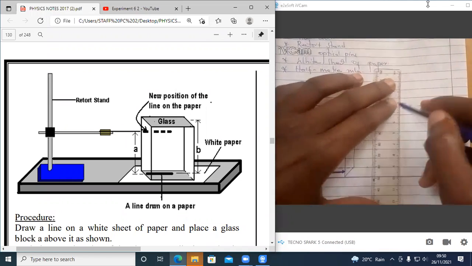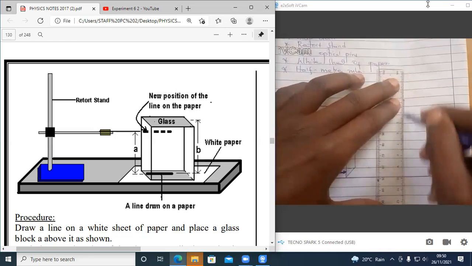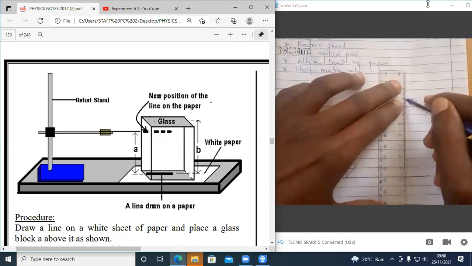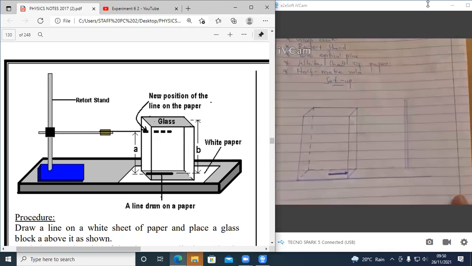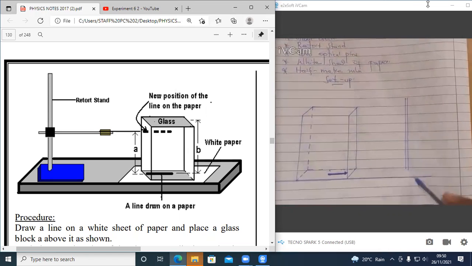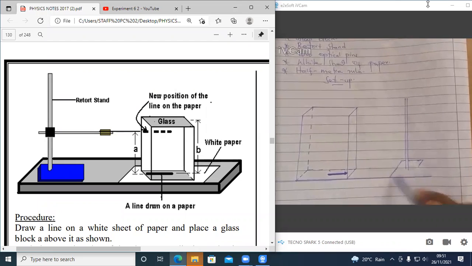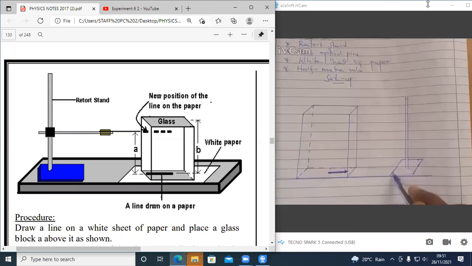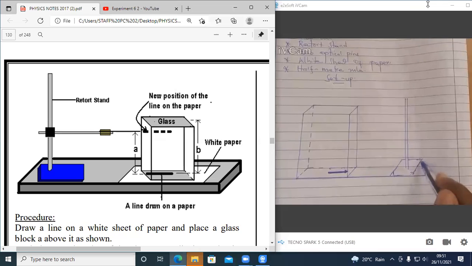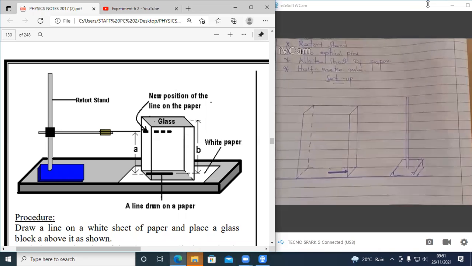Then at one end here, we have a retort stand.